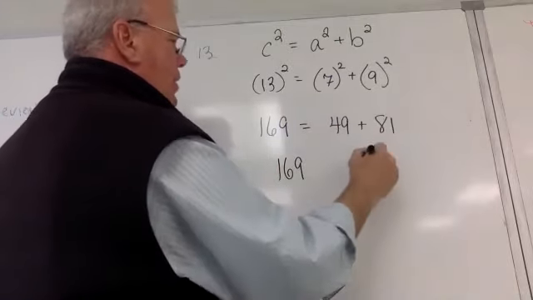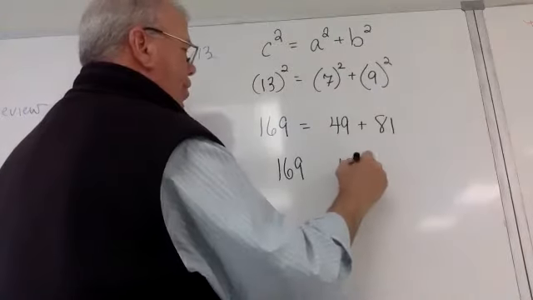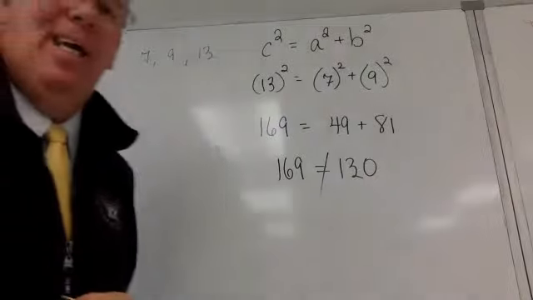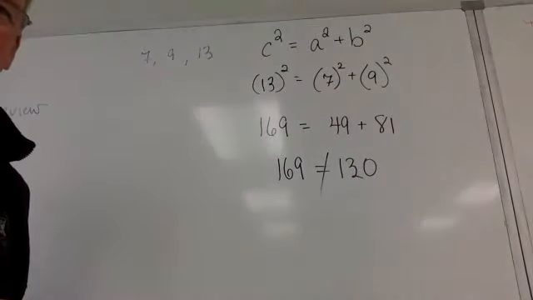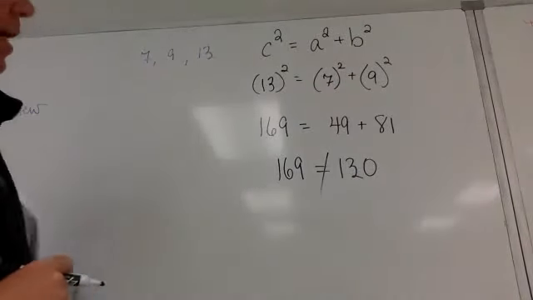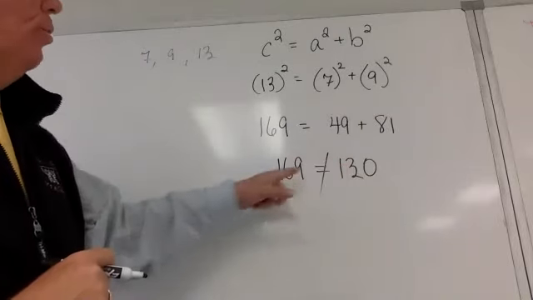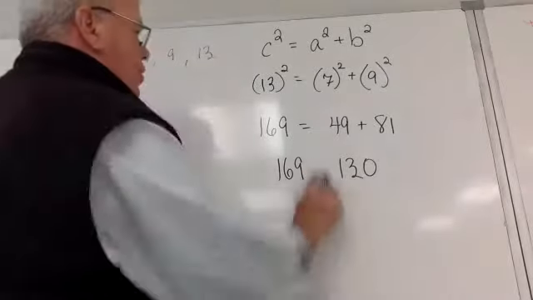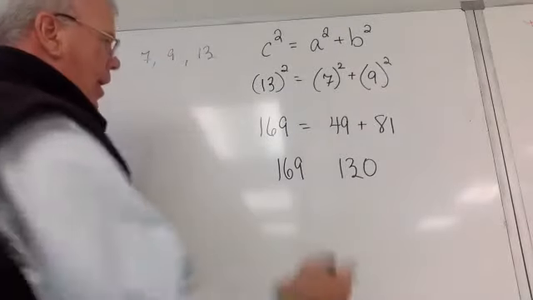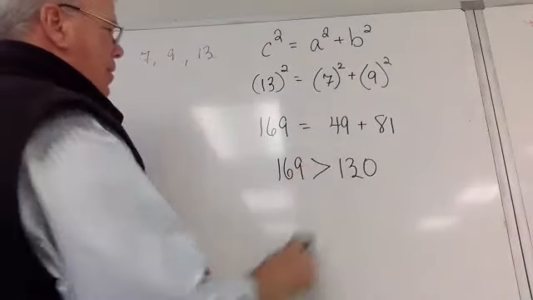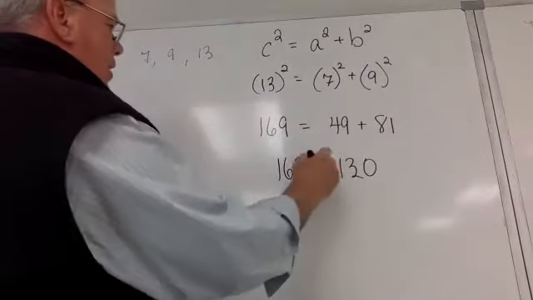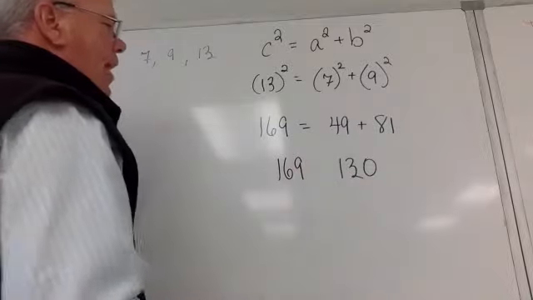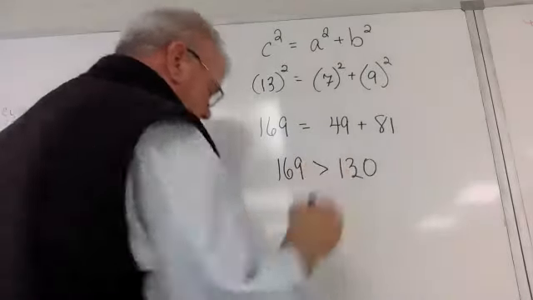Well, 9 and 1 is 10, right? 130. Well, what kind of triangle isn't it? Right triangle. Yeah, it's not a right triangle because if it was, these two numbers would be the same, right? But they're not the same. So Hunter, tell me, is it this or is it this? It's the other way. 169 is? And yeah, there you go.